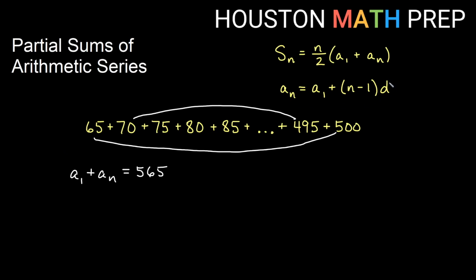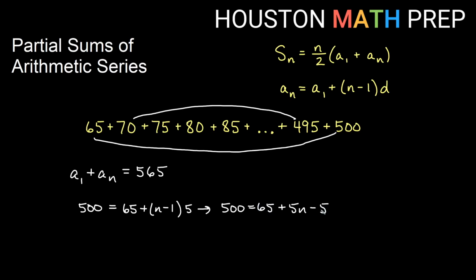So we might use, again, our formula for an arithmetic sequence. I stop at 500, I start at 65, plus n minus 1, times d, and I'm going up by 5 each time, so that is a 5 there. If I distribute, I'll get 500 is equal to 65 plus 5n minus 5.